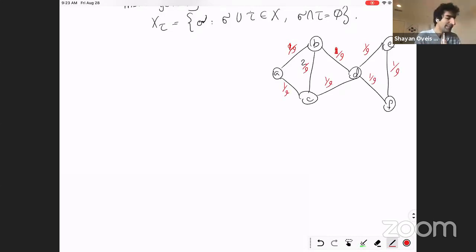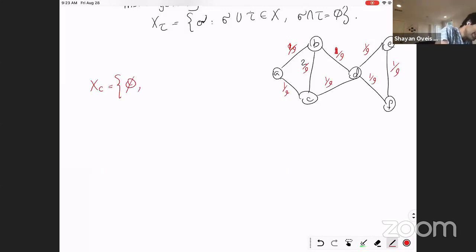Okay, now let's say I look at X of C. What is the link of X of C? The link of X of C is a simplicial complex itself. It has the following faces. It has the empty set. Empty set is in every simplicial complex.